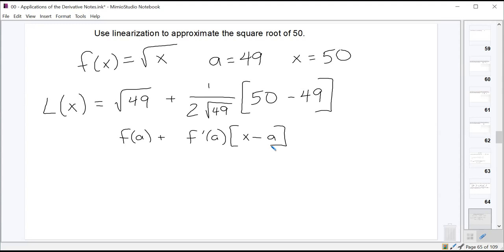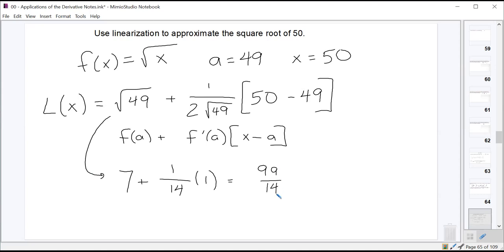So now we'll go in and evaluate this. This becomes 7 plus 1 over 2 times 7, so 1/14, times 1, which is 7 and 1/14. And 7 times 14 is 98, plus 1 would be 99/14.